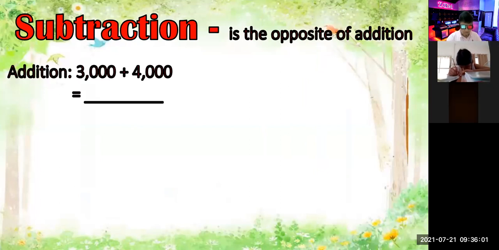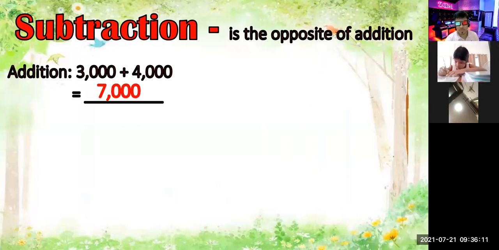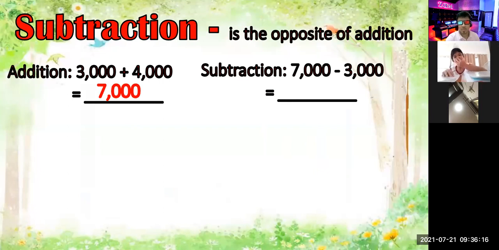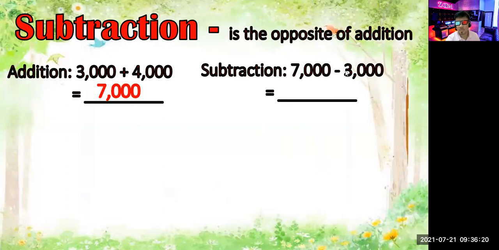Example, as you can see there in your book, in addition, 3,000 plus 4,000 is equal to 7,000, right? And then in subtraction, it's the opposite. If we subtract 7,000 minus 3,000, the answer will be 4,000.